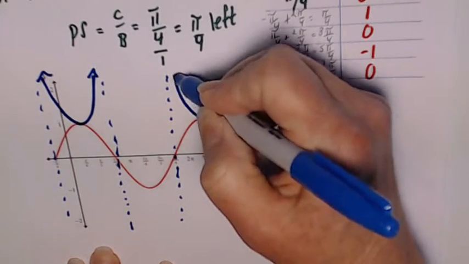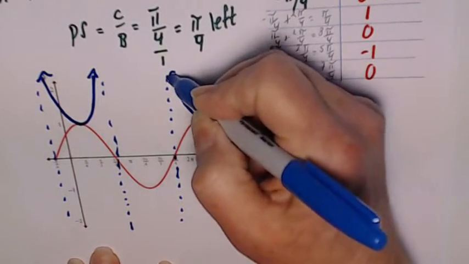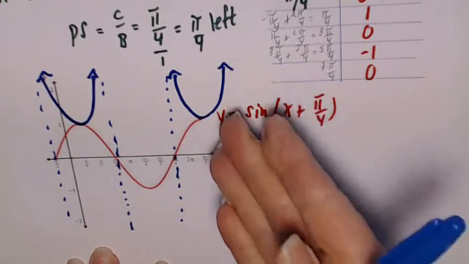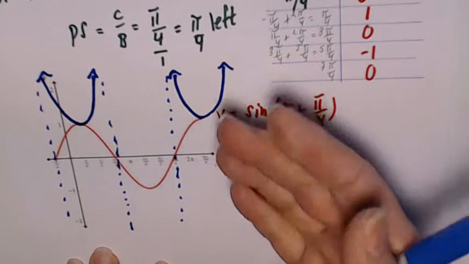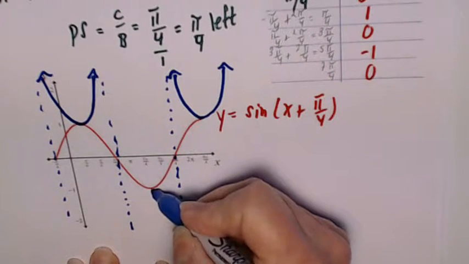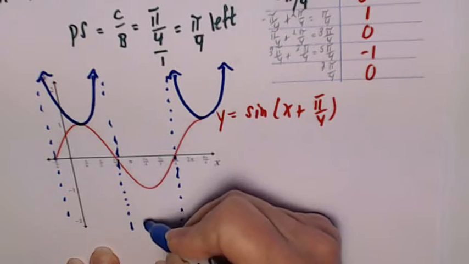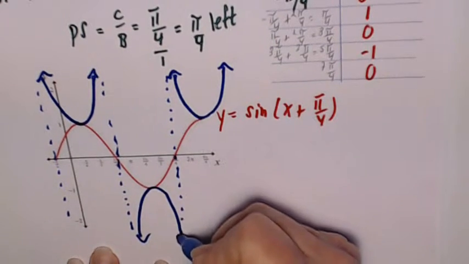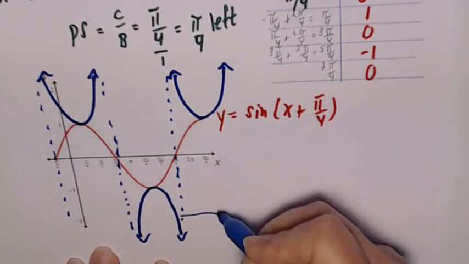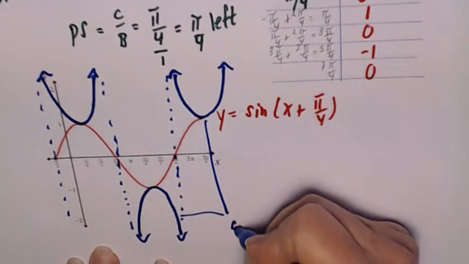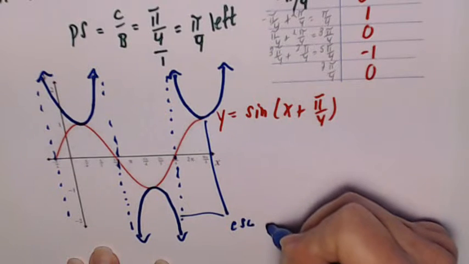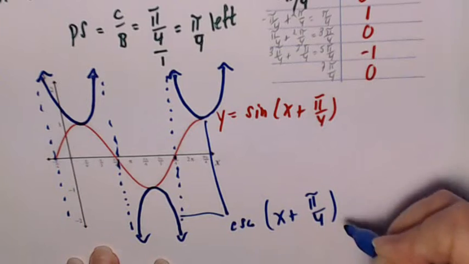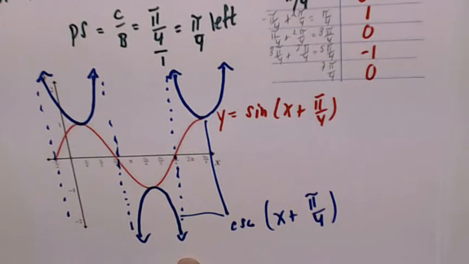So here we have half of it. I mean, technically it would continue like this, or I stopped the sine function, but it would look like that. And then where we have a minimum for our sine, this now becomes a maximum for our cosecant function. So this here is cosecant of x plus pi over 4. So there's our first example.